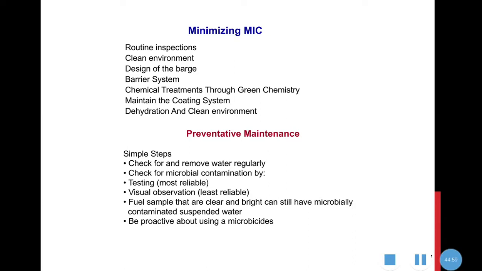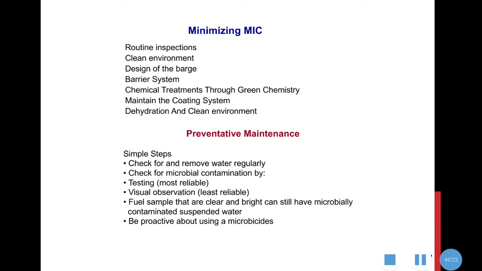So we can check for microbial contamination. We do a chemical test or whatever. Okay, or we do visual observation. Okay, least reliable. Actually we can see, maybe because of microorganism activities, that the color of the fuel changes, let's say from yellow to red.